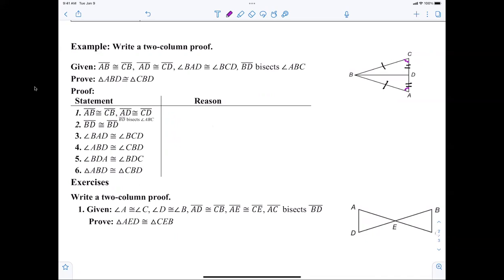So what in the world does that mean? If BD bisects ABC, what is true? It's perpendicular. Not exactly. Tell me. Go ahead, Tanner, quick. So like the two angles that are right next to the.